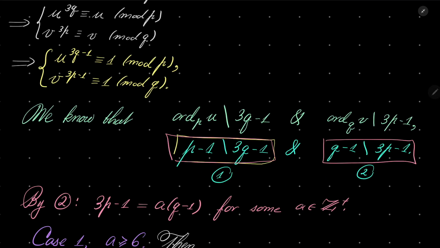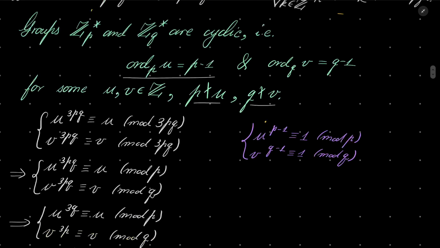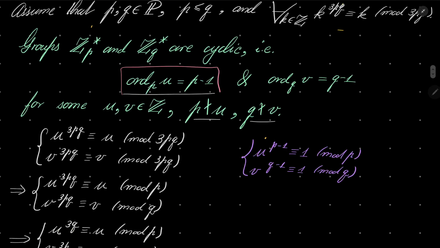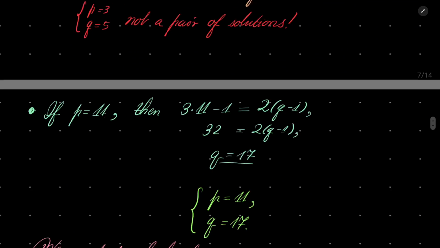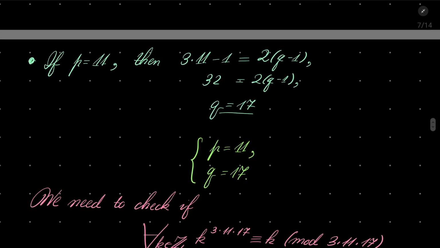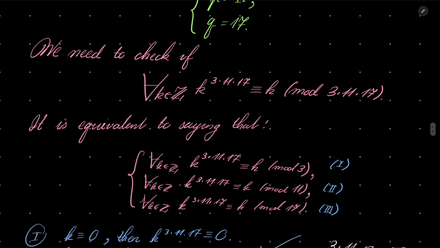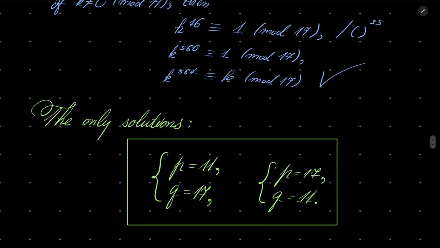They were crucial for us, and we have established them by choosing elements u and v of the correct order. So, yes, very nice problem. And again, as you have seen, verification is very important. So I get 11, 17, but I need to verify them, and I did. And yes, that's it. A very nice problem from Romania, as always.